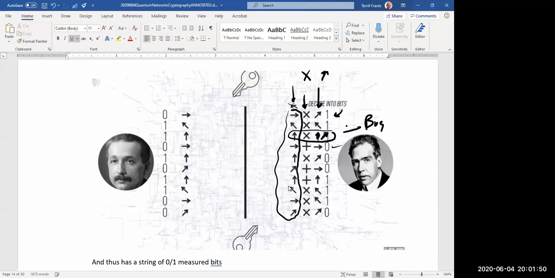So if the proton is coming in having been filtered by A with a rectilinear filter, it's coming in either left and right or up and down. And then this filter here is randomly selected, not knowing anything about this proton, as a diagonal.